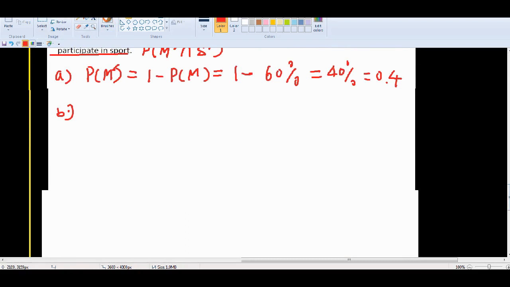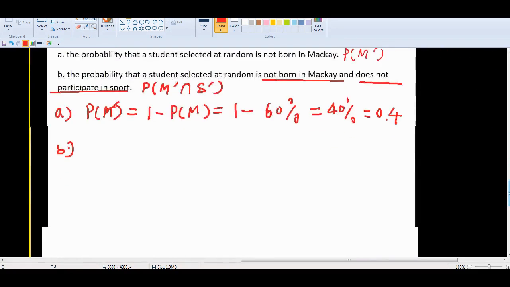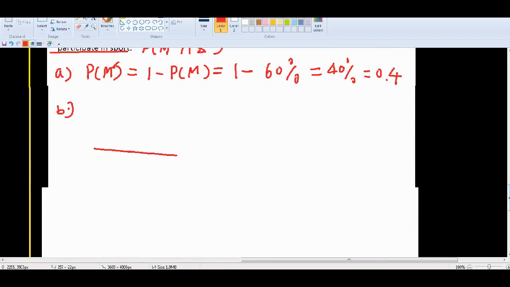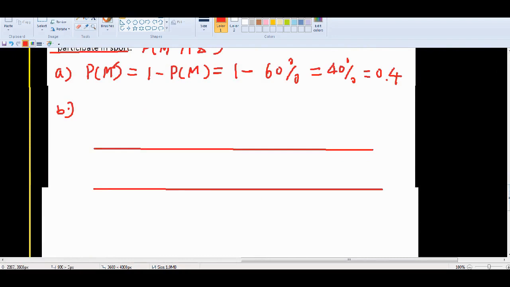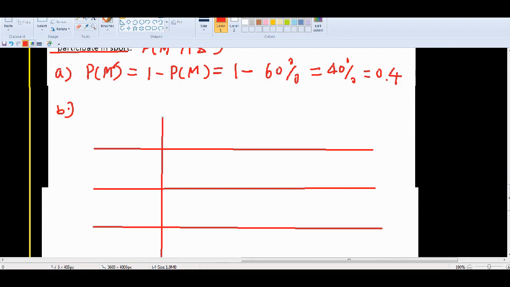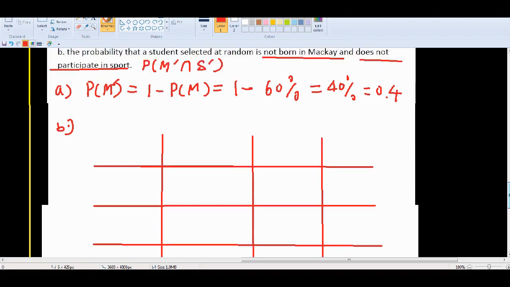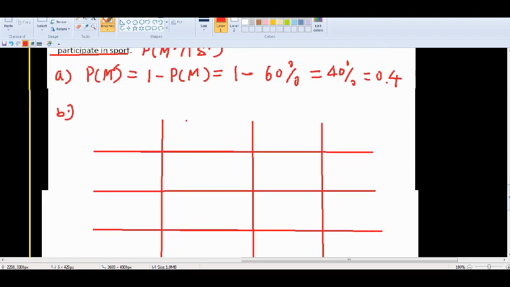Let's draw the table again. This is the table. Do you still remember how to fill in the answers? Let's say this is born in Mackay, not born in Mackay, participating in sport, not participating in sports.